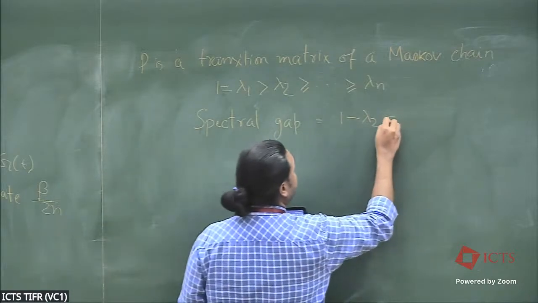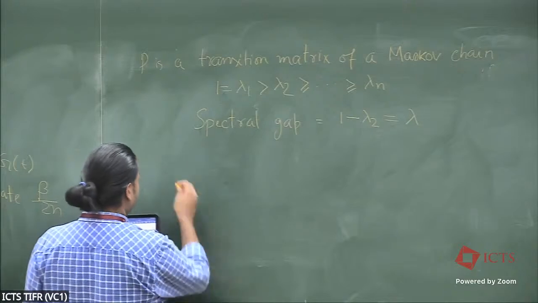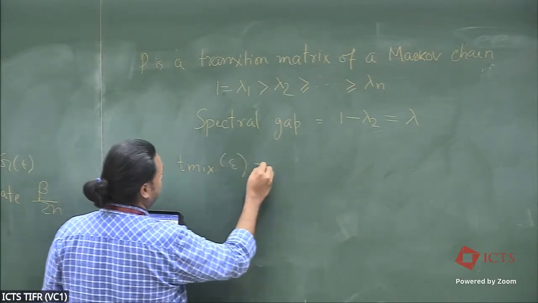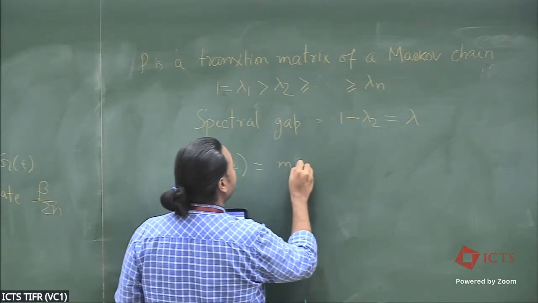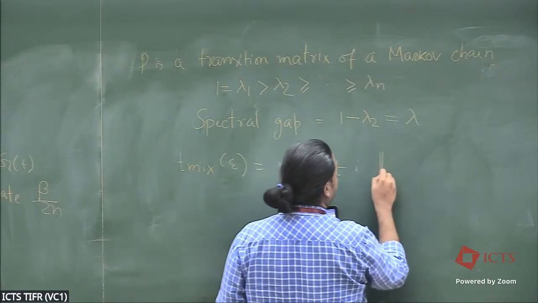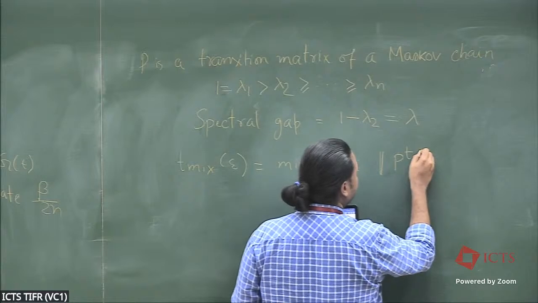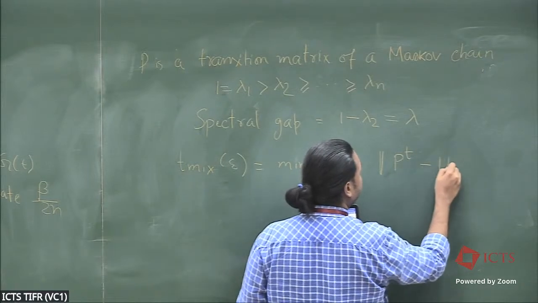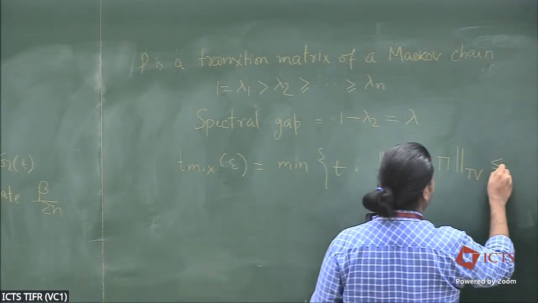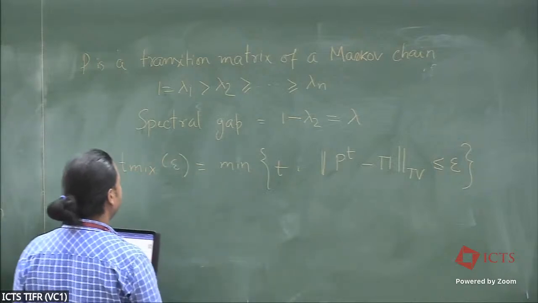Let's call it lambda. And then the mixing time is defined as the minimum of t such that the total variation distance between p_t and pi is less than or equal to epsilon, where pi is the stationary distribution.